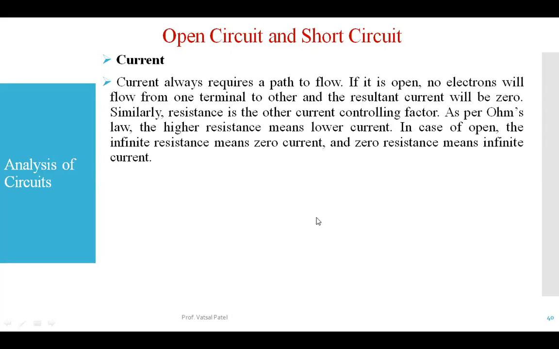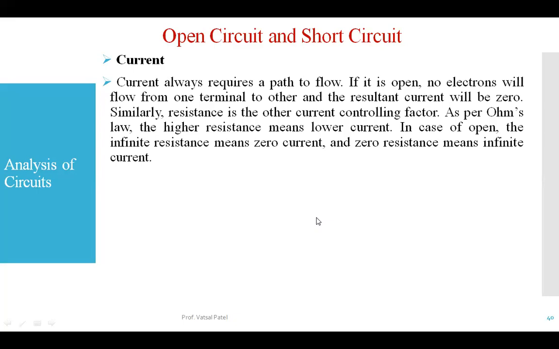In case of the open circuit, you will have infinite resistance, which means zero current is flowing. And in case of zero resistance, you will get the maximum, or infinite, value of the current flowing.